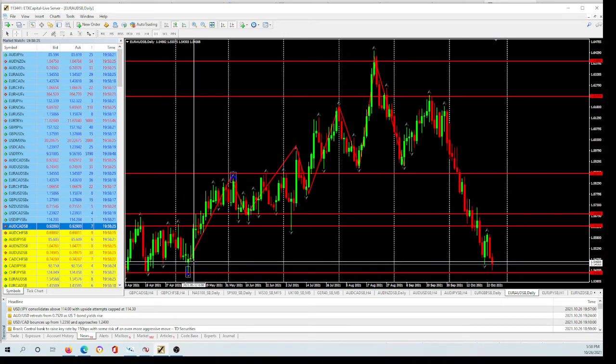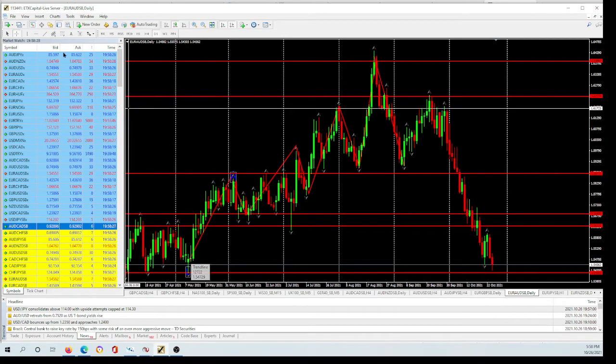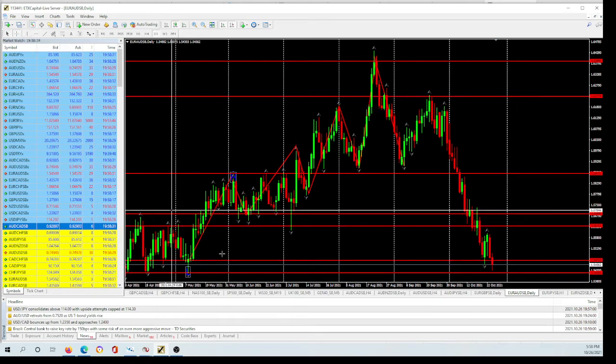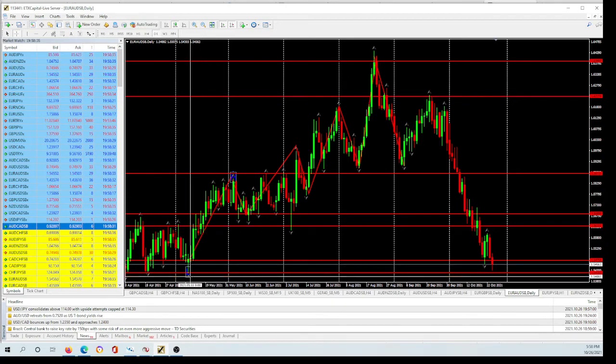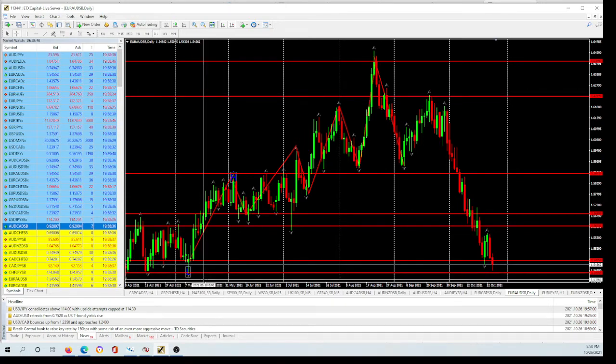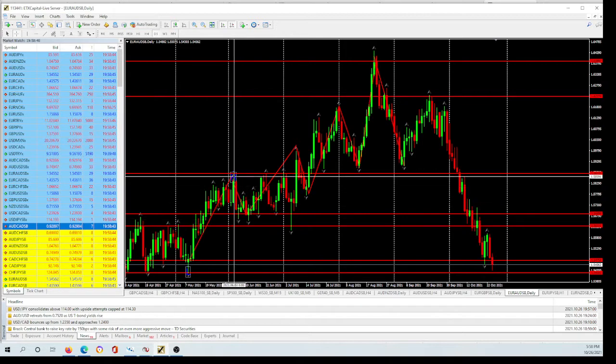So on the next day here, I'm going to have my entry here, and I'm going to have my stop loss below this low here. So probably I'm going to put my stop loss here, and my target is going to be on a key area.